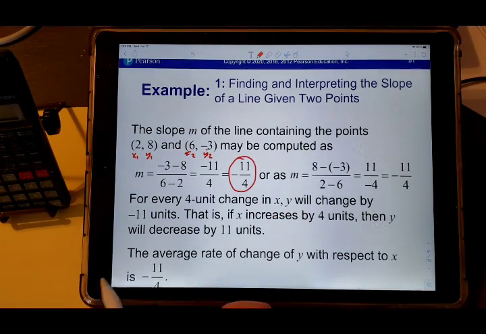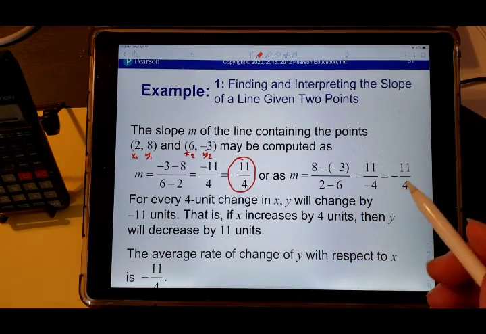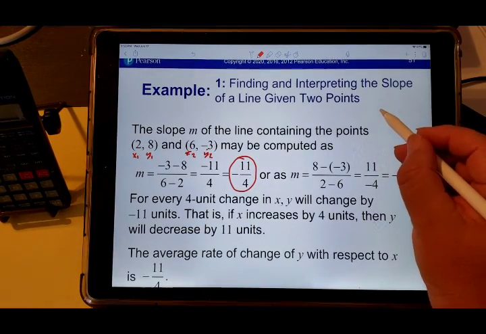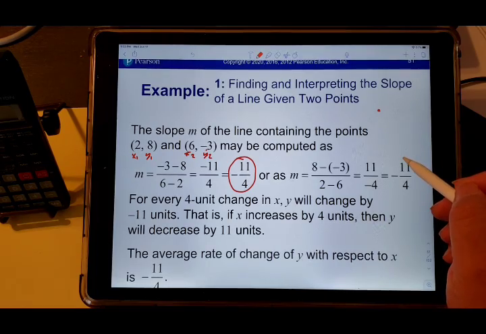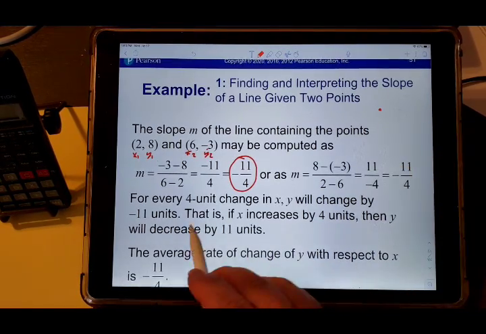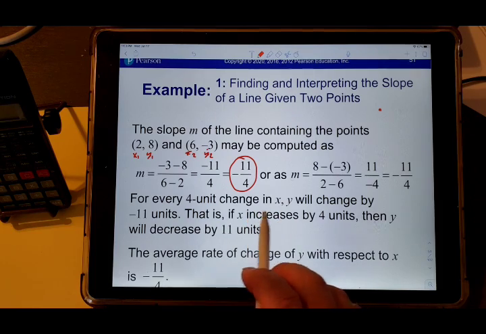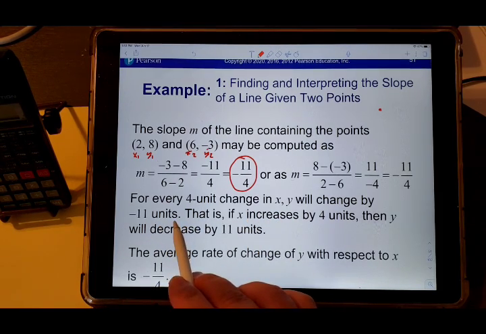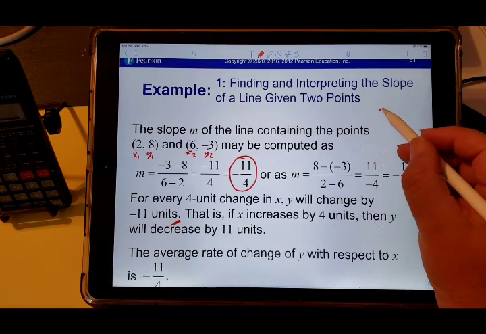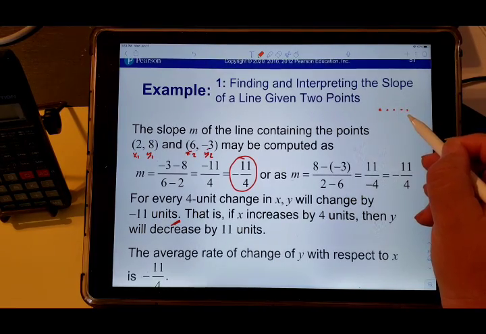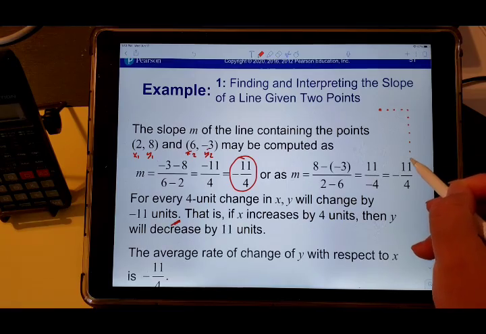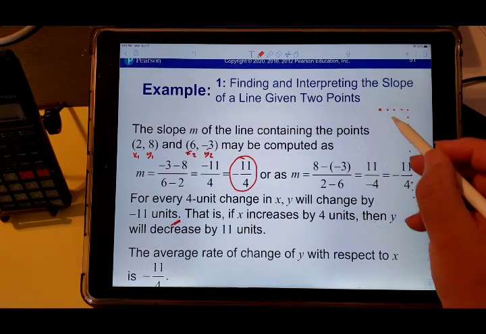What does this mean? It means that the negative means the line's going to be decreasing. And notice they say for a 4-unit change in x, y will change by 11 units. Well, if I go 1, 2, 3, 4 this way for x, I'll have to go down 1, 2, 3, 4, 5, 6, 7, 8, 9, 10, 11 for y.